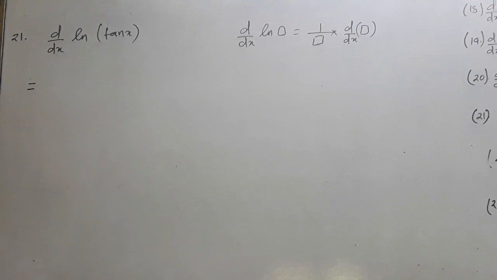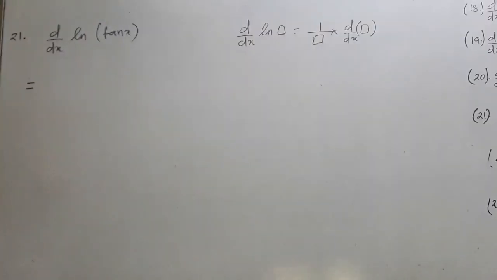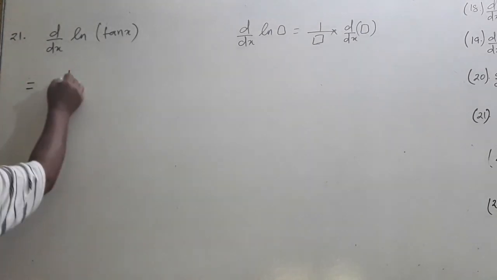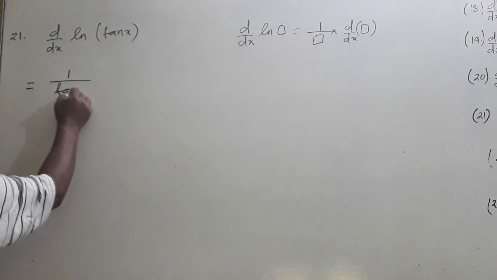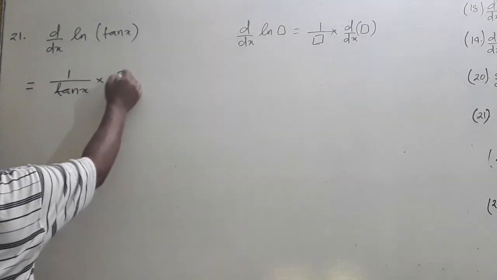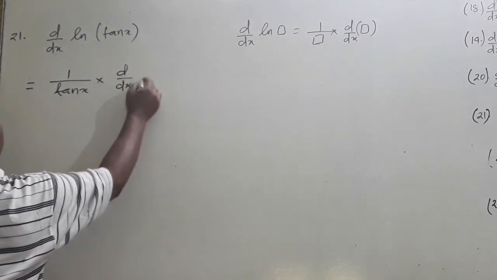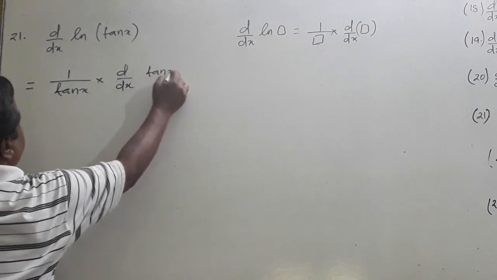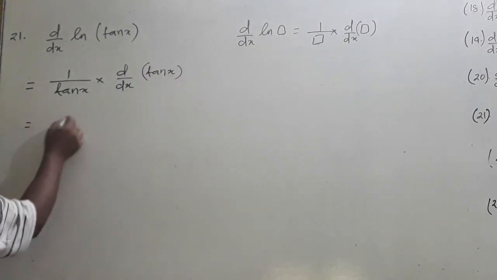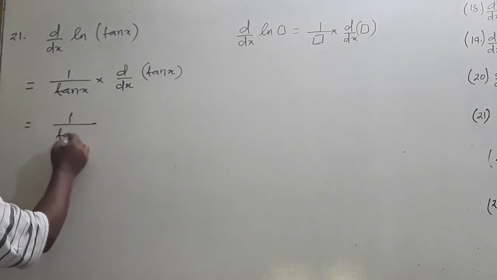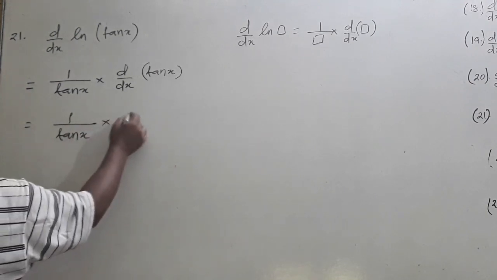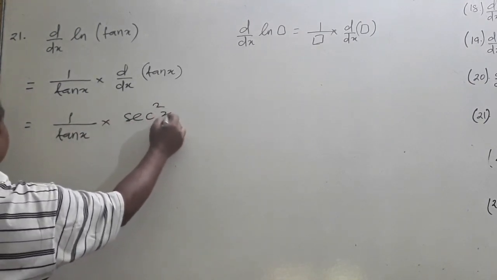Now look at the problem. It is very simple. d by dx of ln tan x. This is a very simple formula: d by dx of ln box is 1 by box into d by dx of box. Box means tan x. It is 1 by tan x into d by dx of tan x, which is sec square x.